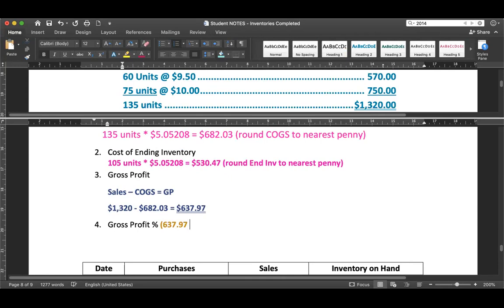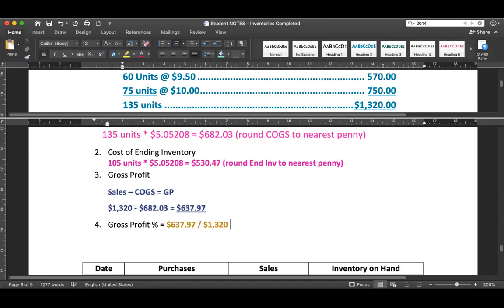And we will have that divided by the cost of the sales, which was $1,320. All righty.